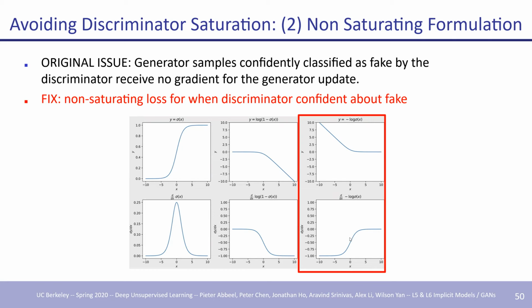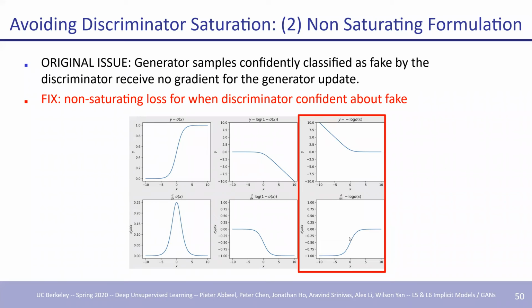And so this third, right? In this case, we are getting a gradient when the generated image is predicted fake, so the leftward part of the plot, but we don't get any gradient when the discriminator is confident the generated image is true, I mean it's from the data distribution.